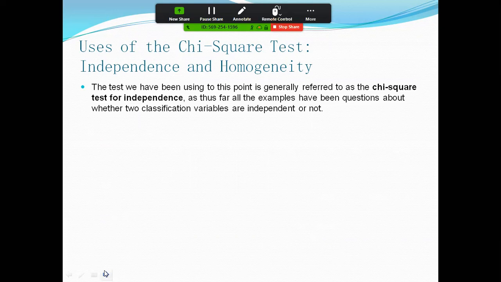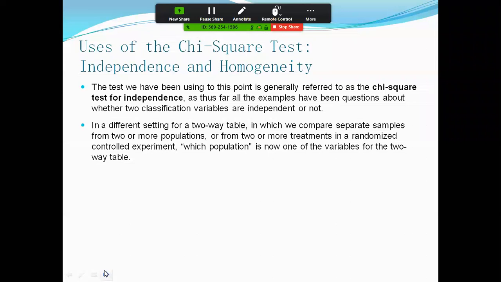The test we have been using at this point is generally referred to as the chi-square test for independence. And thus far, all examples have asked whether two classification variables are independent or not. In a different setting, for a two-way table in which we compare separate samples from 2 or more populations, or from 2 or more treatments in a randomized controlled experiment, which population is now one of the variables for the two-way table.